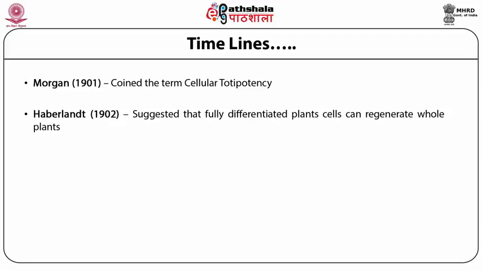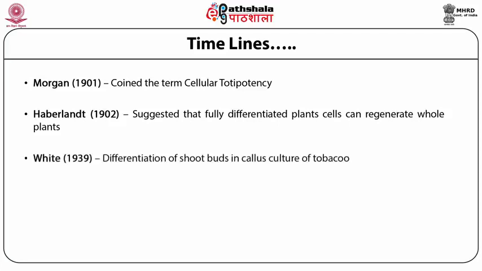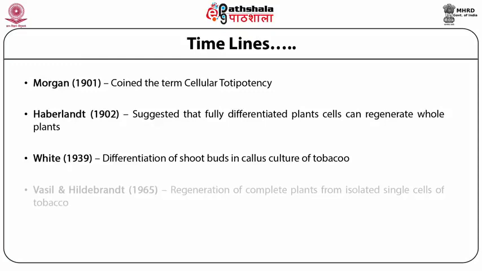Then in 1939, White succeeded in differentiation of shoot buds in tobacco from callus cultures, and thereafter Wassel and Heberlein in 1965 succeeded for the first time in getting complete plants from isolated single cells of tobacco.